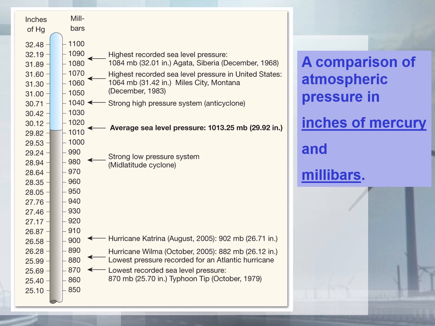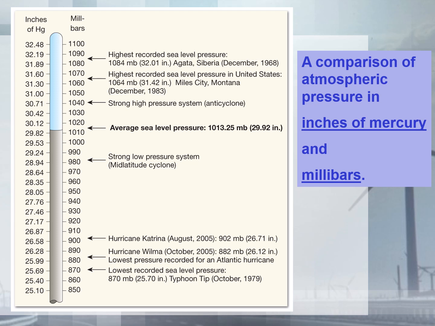Okay, so let's go above your average sea level pressure then. Your typical strong high pressure system, or anticyclone, is a higher number of millibars than the average. Highest recorded sea level pressure in the United States, Miles City, Montana.